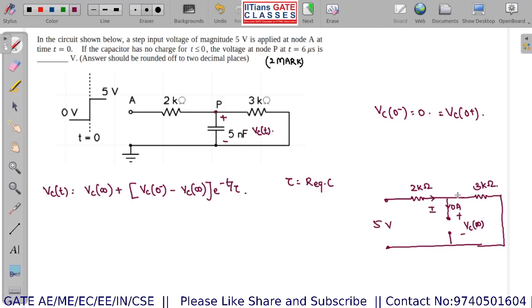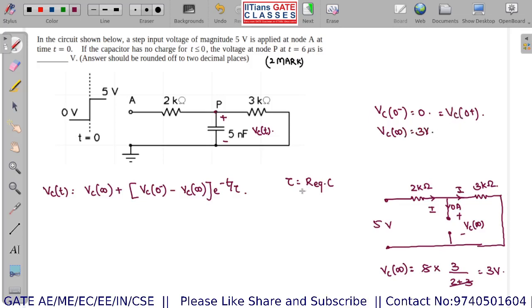Whatever current is flowing from here, the same will flow through here. And this voltage VC infinite is actually the voltage across this 3 kilo ohm, so I can apply voltage divider. VC infinite is equal to 5 into 3 divided by 2 plus 3. This 5 gets cancelled, so this will be 3 volt. So VC infinite comes out to be 3 volt.